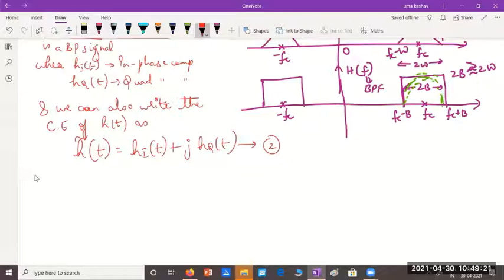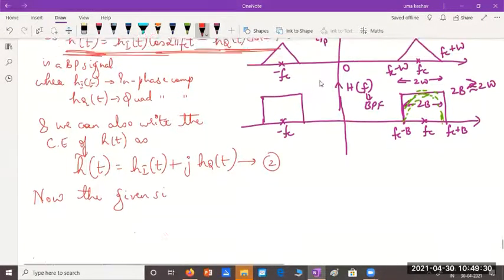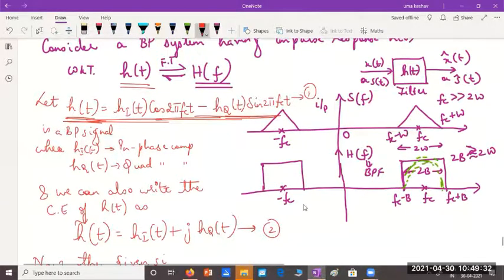Okay. Now, the given signal, what was the given signal we considered? S of t, I think, right? S or X. Okay, S only I have written.